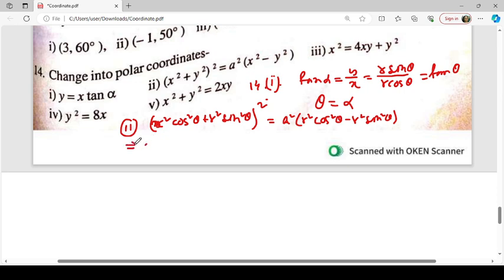So this implies r² is taken common, it is r⁴, and cos² θ plus sin² θ is 1.